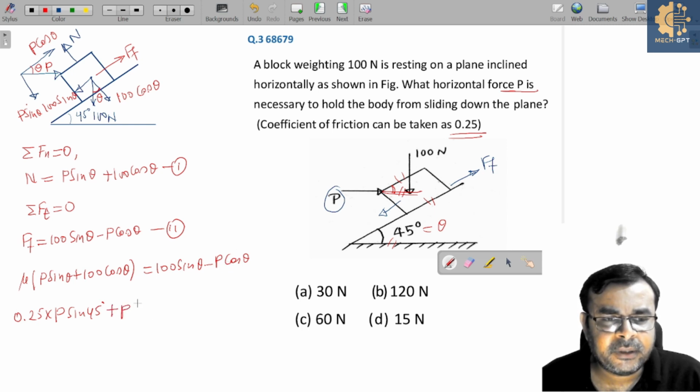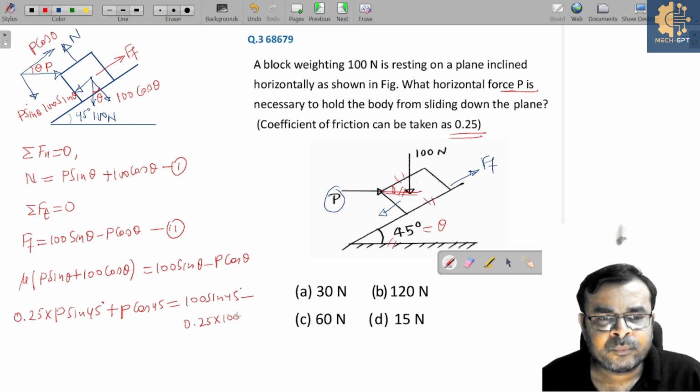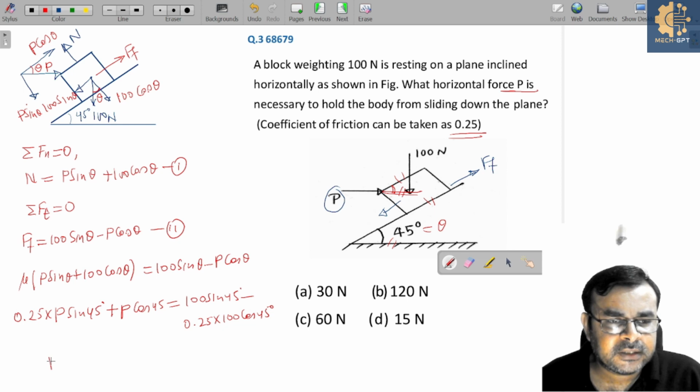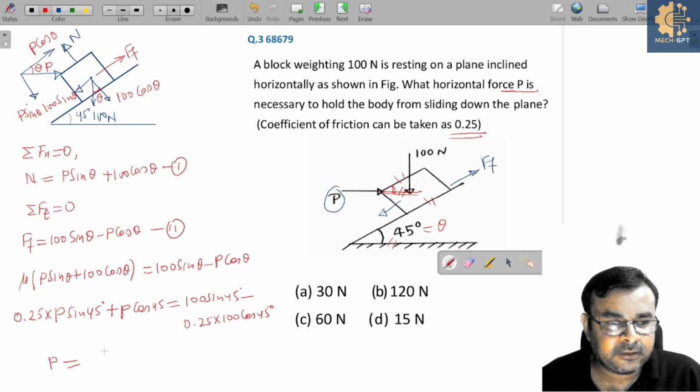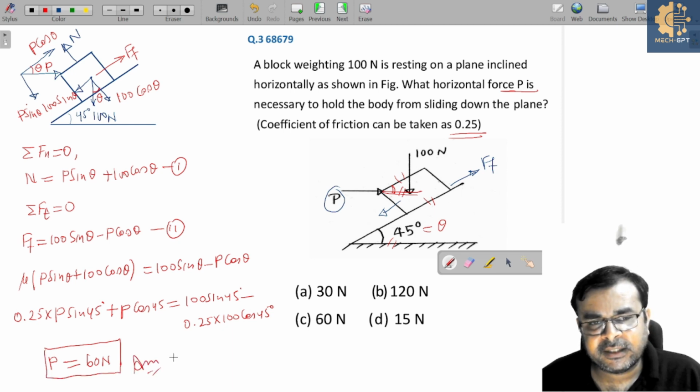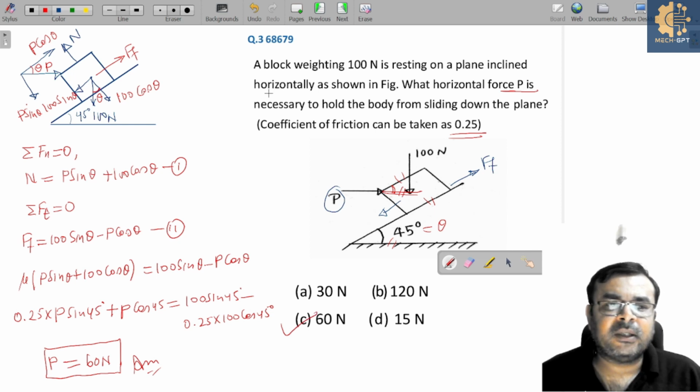So here we can get P cos 45 degree, which is equal to 100 sine 45 degree minus mu, that is 0.25 into 100 into cos 45, correct? So when you solve this expression, then you will get P. So I am directly writing here P is nothing but 60 Newton. After solving the above equation, we can get P is equal to 60 Newton. So this one is the right answer. So option C is the right choice.